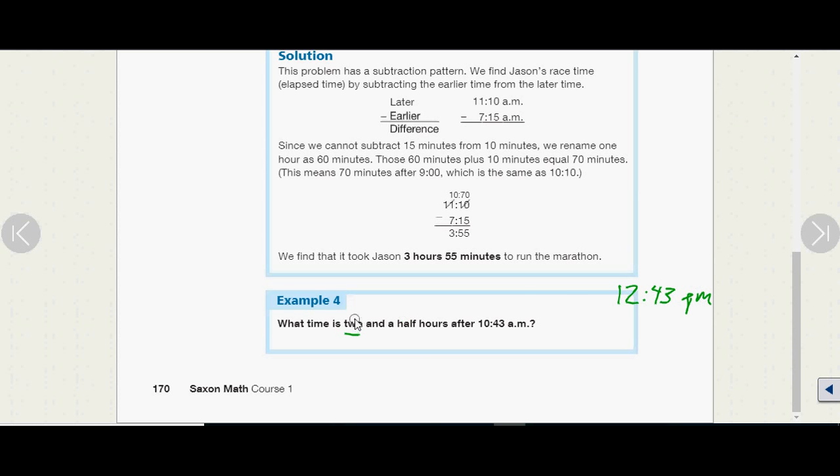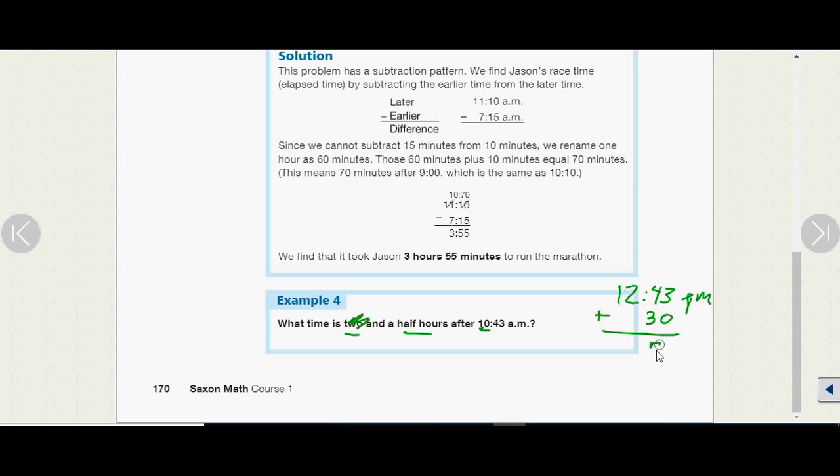Okay, so that covers the 2-hour difference from 10 to 12. Then let's add a half hour. So you add another 30 minutes to this. That's where you maybe need to break out the pen and paper. Add your 30. We've already added the hours.